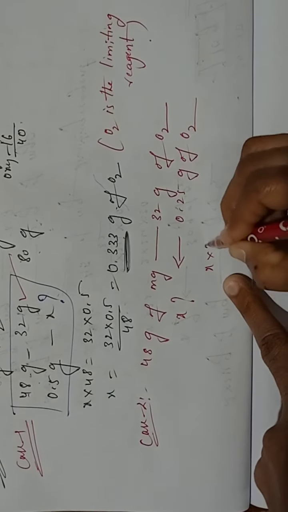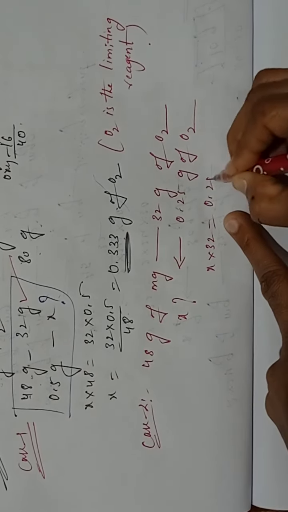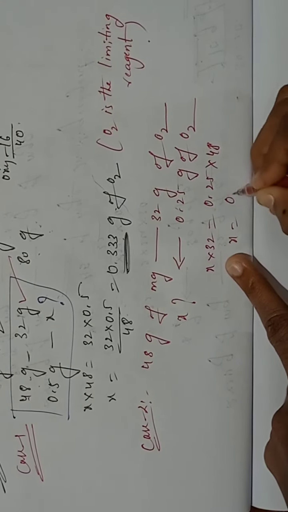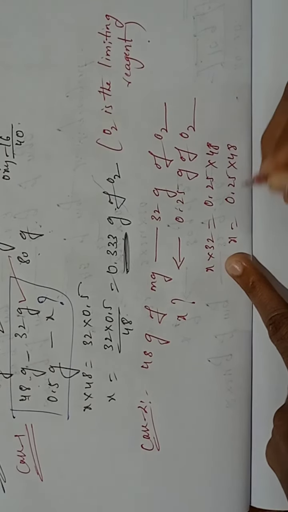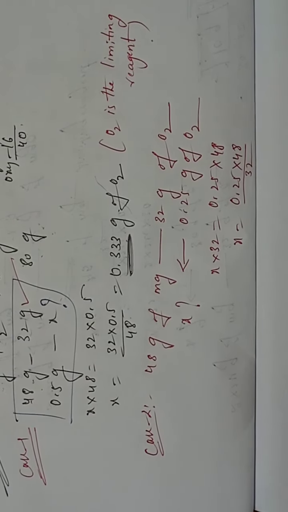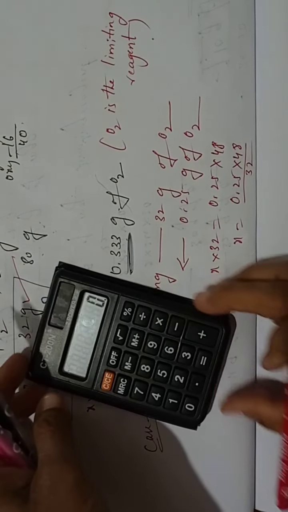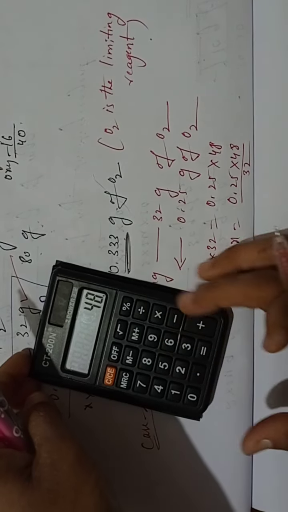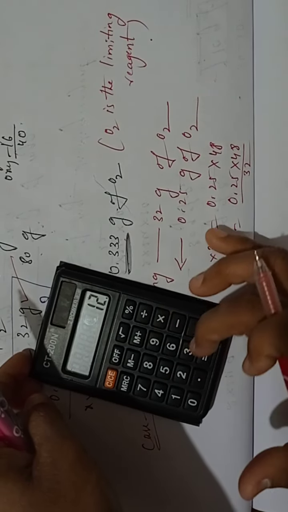Now x into 32 is equal to 0.25 into 48. Then x is equal to how much, students? 0.25 into 48 by 32. Calculate this: 0.25 into 48 divided by 32.